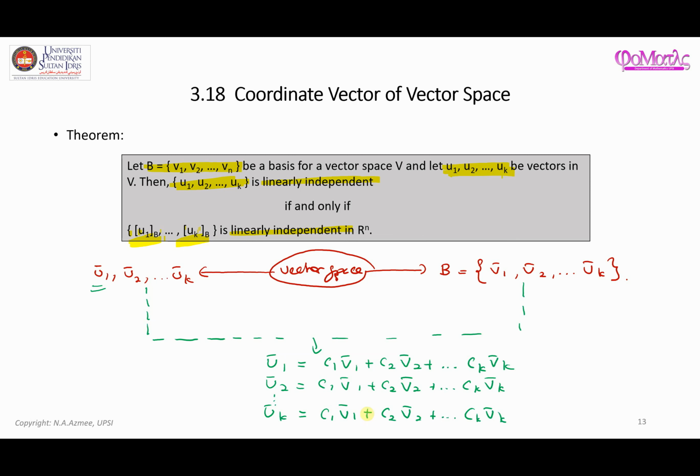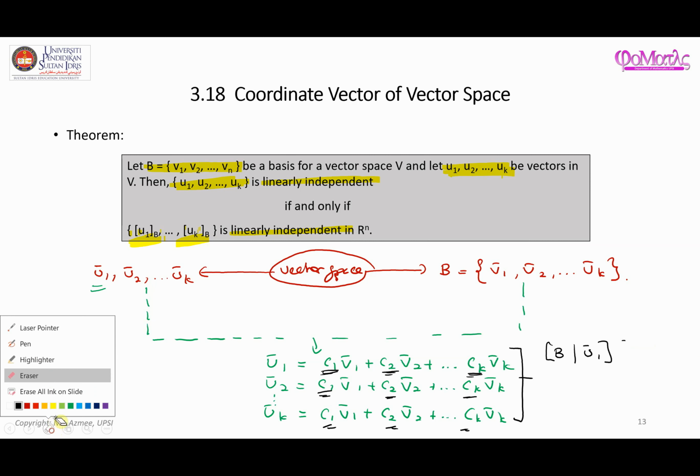And how do we get these c1, c2, up to ck? Well, the process has already been explained. You combine all the basis vectors together with the vector, and do ERO, elementary row operations, so it becomes RREF. I'm running out of space, so let me write it in terms of a vertical process here.